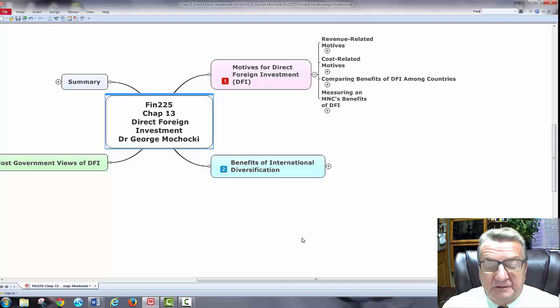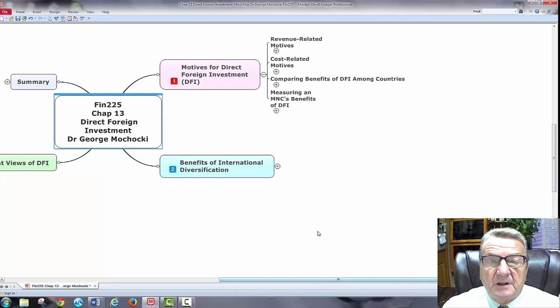Okay, so what motivates individuals to actually open up a facility overseas? That could be because the distribution is closer, the manufacturing is closer, or because of the regulation. Remember all the different factors that affect my decisions for opening up overseas or operating in a global economy, which by default most companies have no choice.